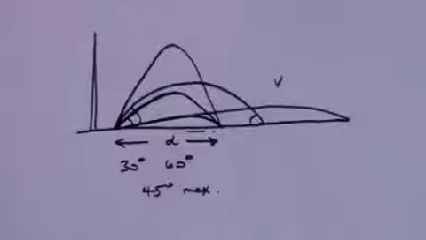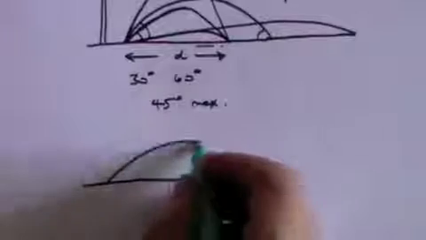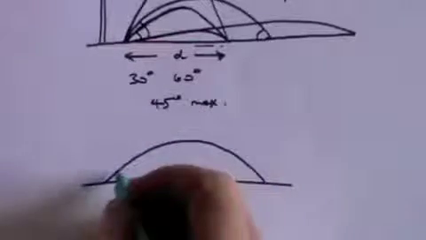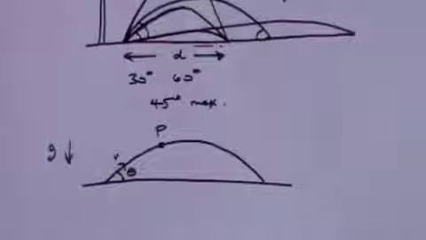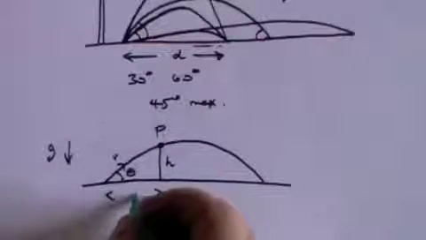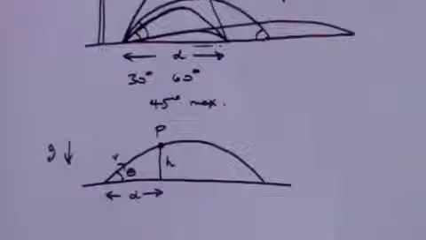Well, we've covered the range and we've covered the maximum height, but what we might want to do, if we take our trajectory and we have an angle and we have a velocity and of course we have gravity acting downwards, is we might want to know the position at any point P. And the question is, can we deduce that? What, for example, is the height at any point P, and what is the distance d covered at any point P?